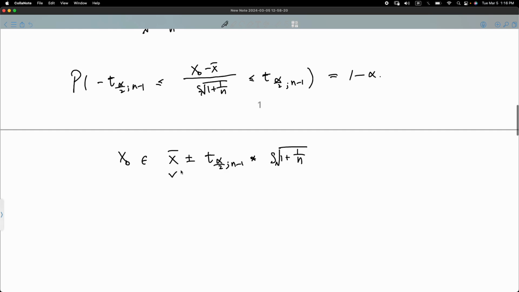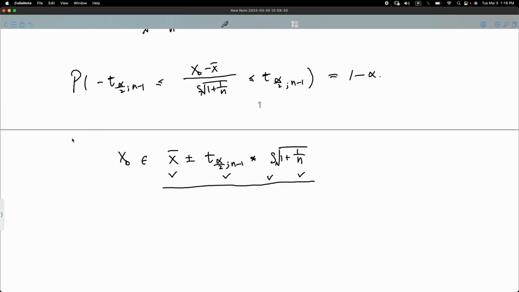This can be calculated from data. You can use either computer software or the table to find this quantile. S can be found from the data, and then the n is already known. So everything on the right hand side is given or can be calculated.